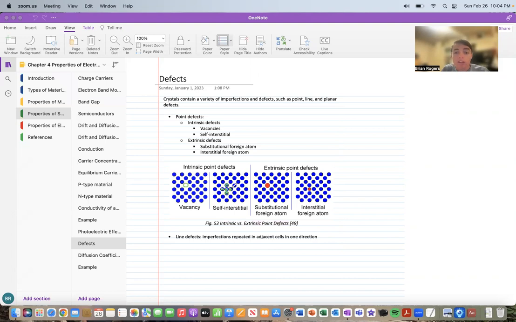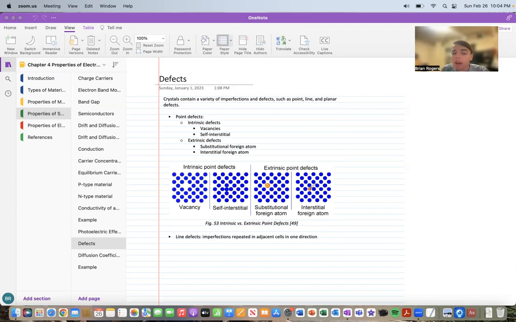Extrinsic point defects are when we have a foreign atom. So you'll see here, when we have a substitutional foreign atom to fill that vacancy, it's not like the ones around it. Or when we have an interstitial foreign atom, you're going to notice that it does not match its surrounding ones.